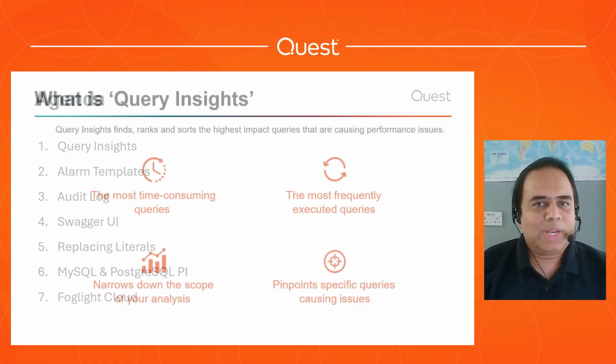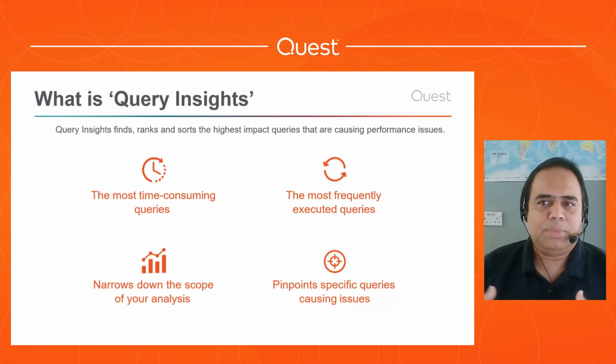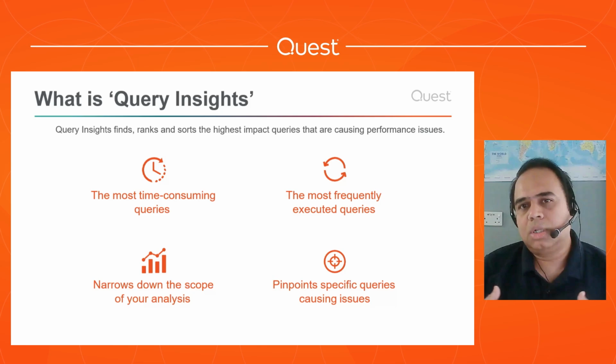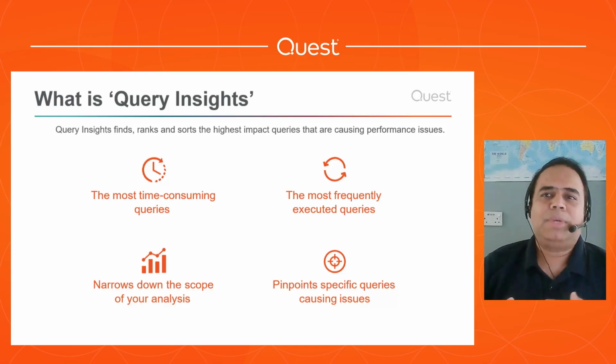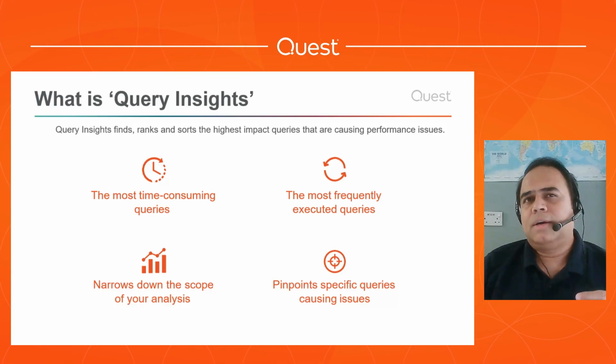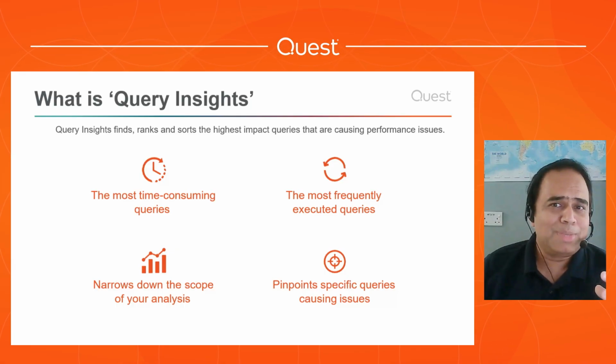So very quickly, what is Query Insights? Query Insights is an innovative analytical feature of Foglight that supports 11 major database types, starting from Azure SQL DB, SQL Server, Oracle, Snowflake, Postgres, MongoDB, and much more. It's a game changer for database administrators, providing real-time analytics and detailed visibility into SQL query performance.